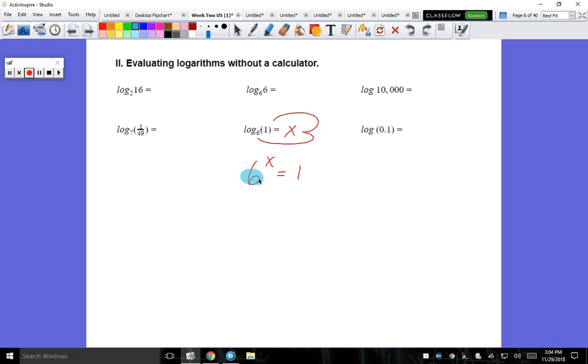Anything except 0 or infinity raised to the power of 0 will always equal 1. So infinity to 0 is not 1, and 0 to the 0 is not 1. Anything else is equal to 1. So this answer is going to be 0.